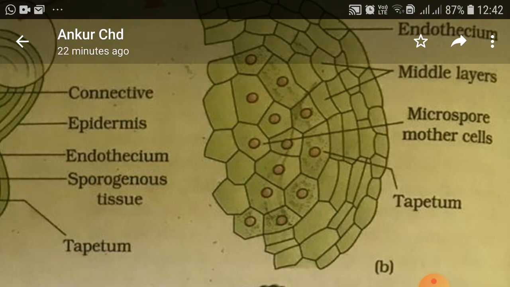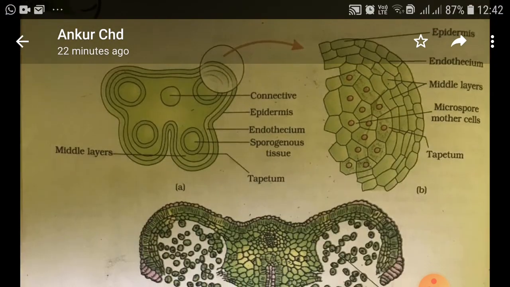So as a result of meiosis, each microsporocyte will form 4 microspores, that is the tetrad of the microspores. And finally the cytokinesis results in the separation of these microspores.